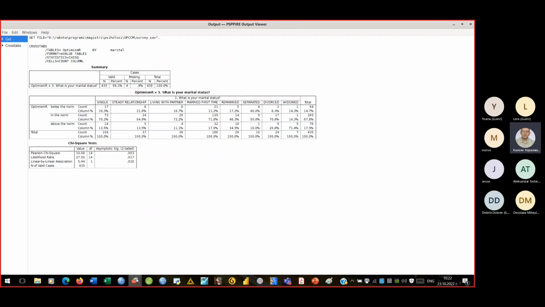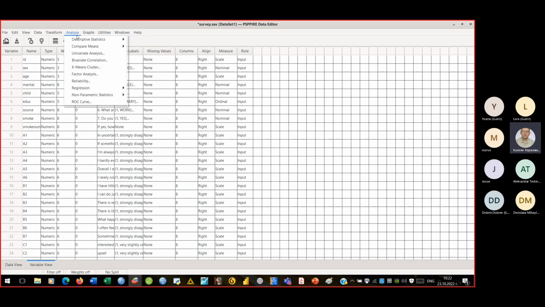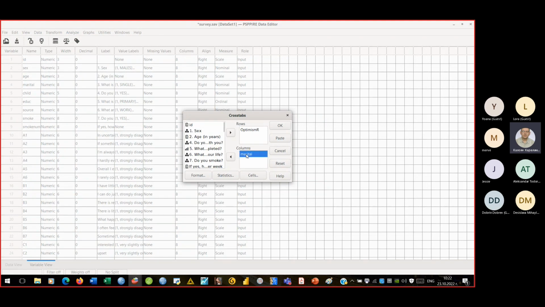But for example, we could change the independent variable and take education, level of education. So I will repeat, analyze, descriptive statistics, crosstabs, and then we'll move marital status to the left, and we will move education to the columns field. And then OK again.